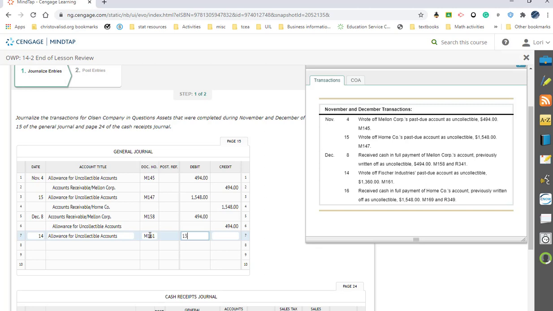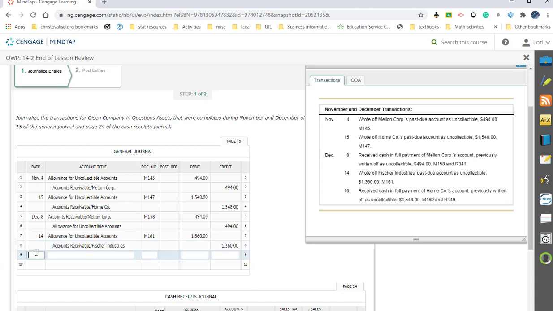And they are $1360, and that was memo 161. And this was Fisher, $1360.